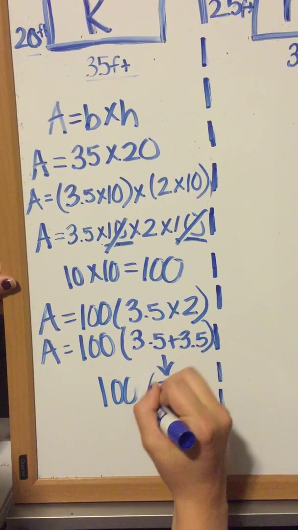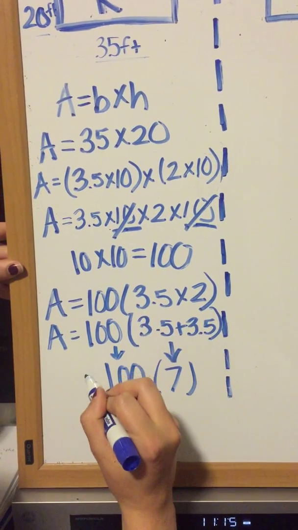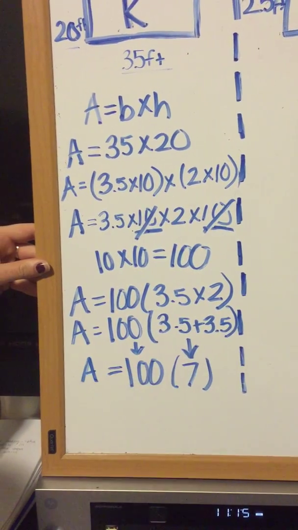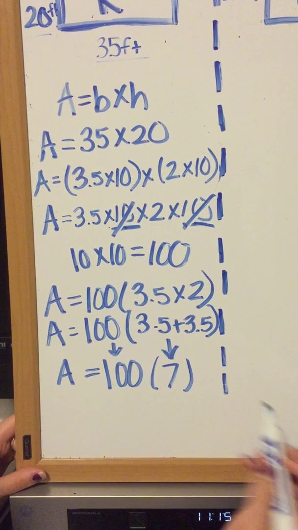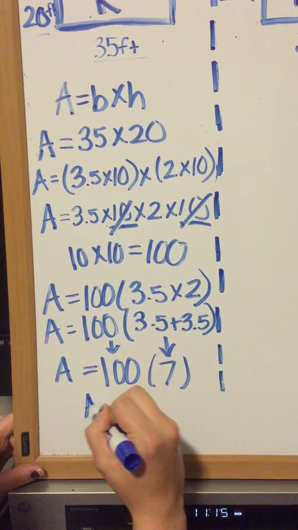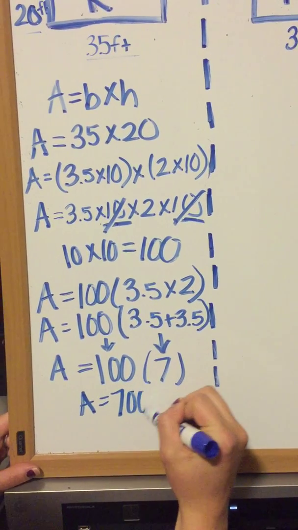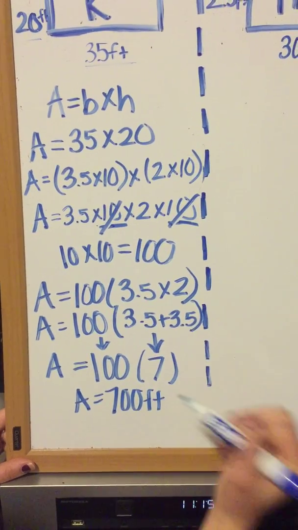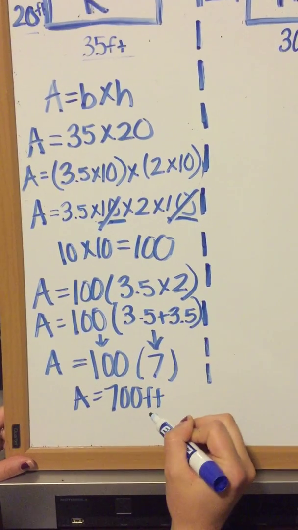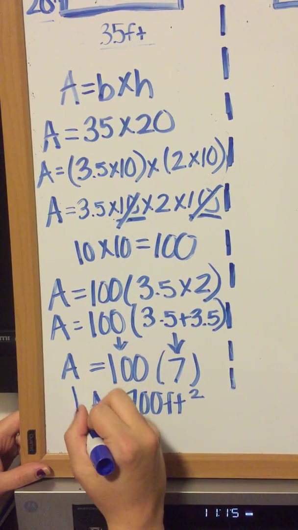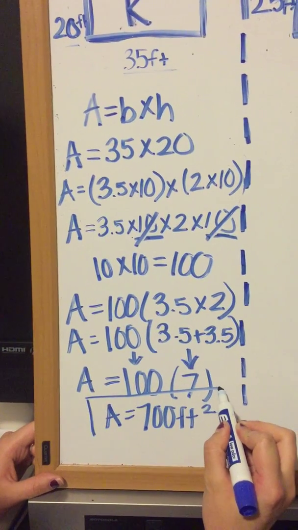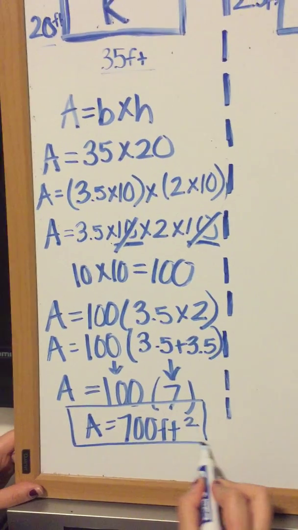And the 100, we keep moving down because we can't forget it. The area of the rectangle is 100 times 7, which equals 700 feet. And since we're using area, it's feet squared. So the area of Carl's vegetable garden is 700 feet squared.